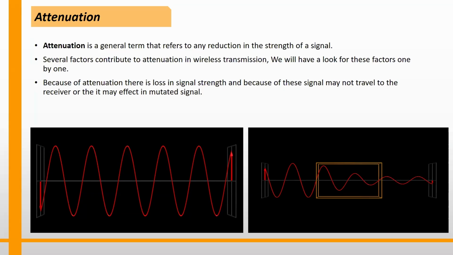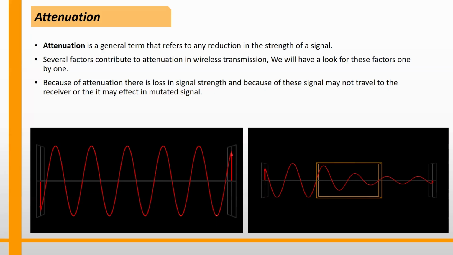After that, we will be touching on the wireless access point and the wireless LAN controller: how they work, architecture, and deployment. So let's get started with our session today.